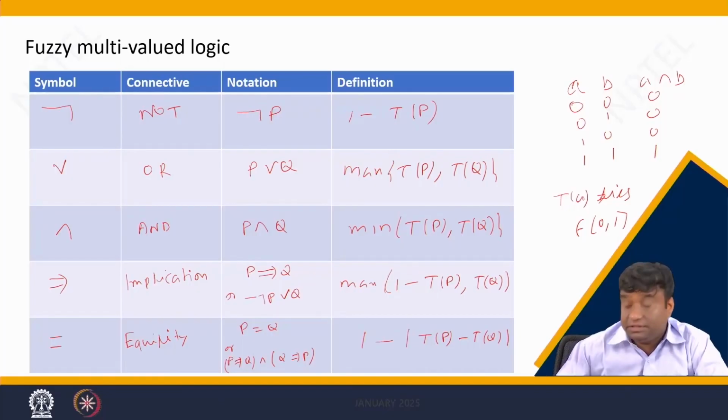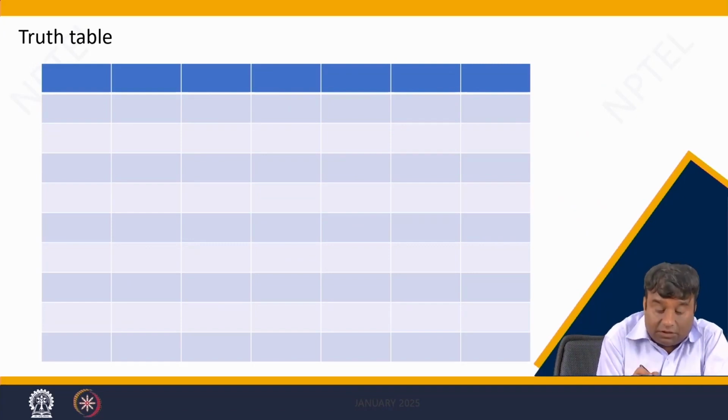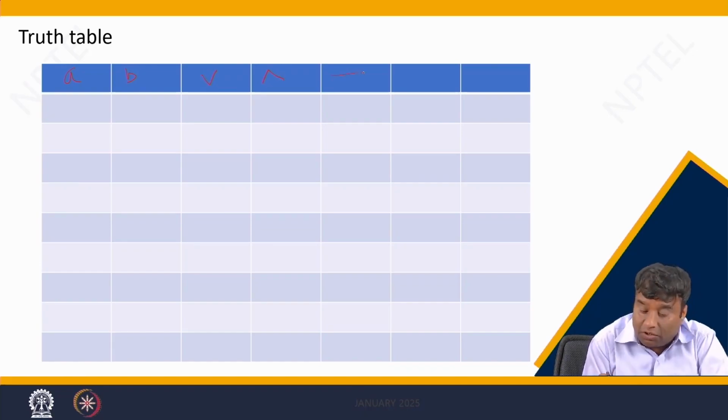So let's try to understand the concept of fuzzy multi-valued logic by the truth table. For the truth table, first write the two variables, that is fuzzy sets A, B, and then OR, next AND, not A, the implication if A then B, and the equality.